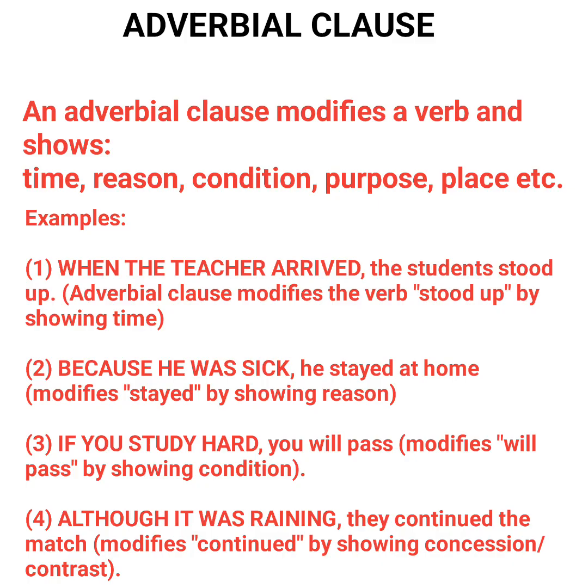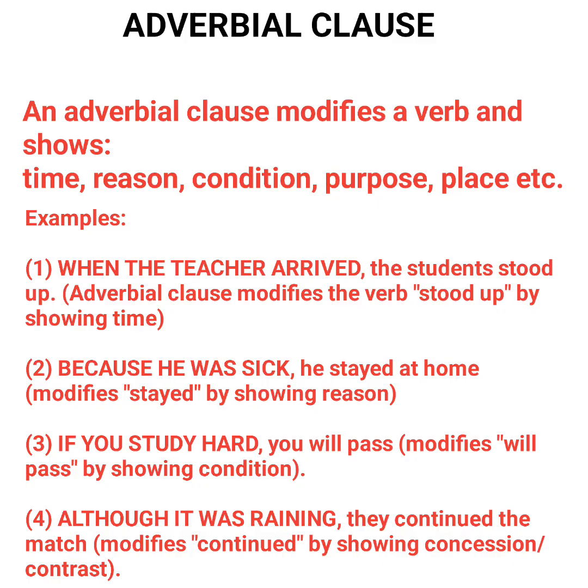The student stood up when the teacher arrived. It shows time. Number 2: because he was sick, he stayed at home. "Because he was sick" is an adverbial clause modifying the verb stayed to show the reason. Why did he stay at home? Because he was sick. So it shows the reason and it modifies the verb stayed.